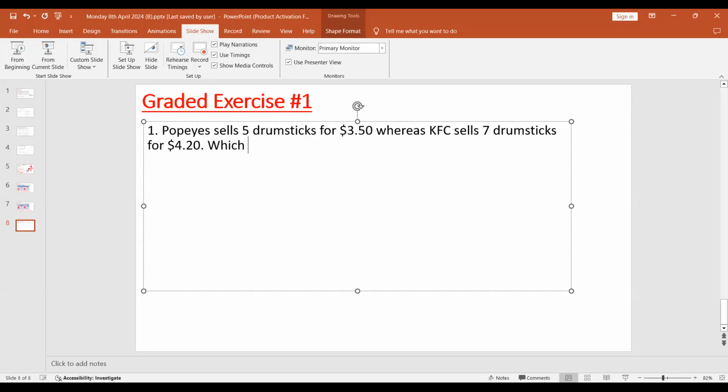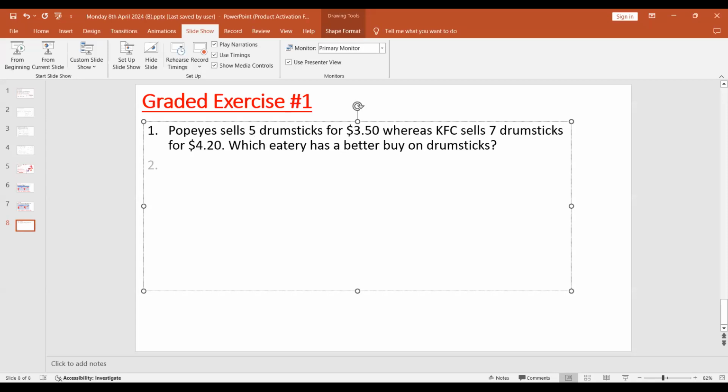Which eatery has a better buy on drumsticks? Please show all working. Show all working. All right, for these ones, show all working.